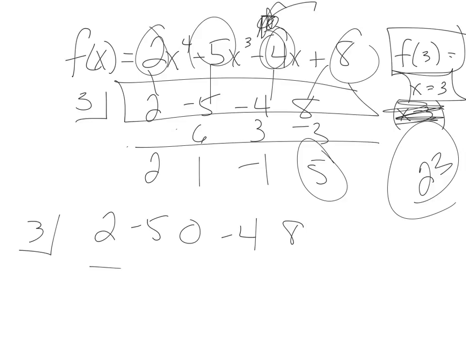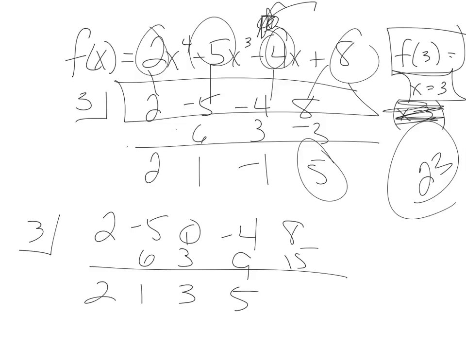Now I can drop the first one and multiply. Add, multiply. I'm sorry. Yep, multiply. Negative 4 plus 9 is 5. 3 times 5 is 15. 15 plus 8 is 23. And so we got the same answer as we got on the other page.